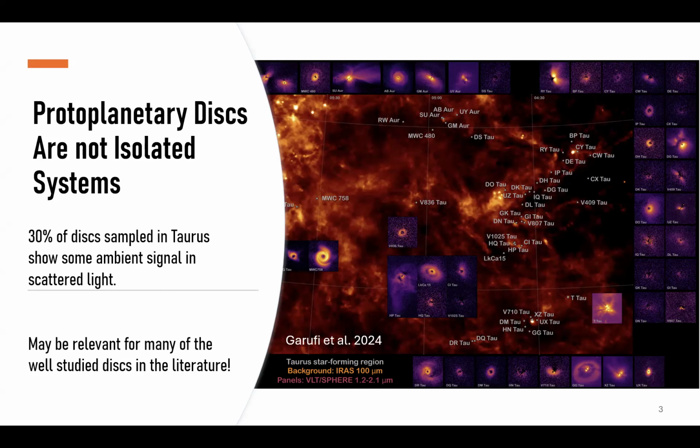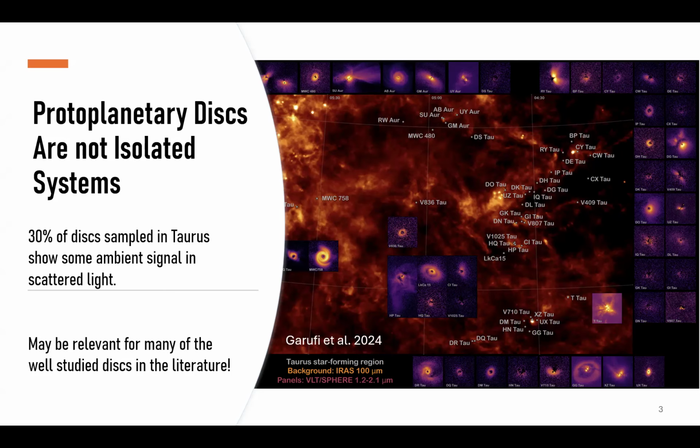The sample is not totally complete in Taurus, but there are a lot of disks that have been imaged there. The interesting takeaway is that 30% of the disks that have been observed with SPHERE in Taurus show some kind of diffuse emission that's not clearly associated with the disk.